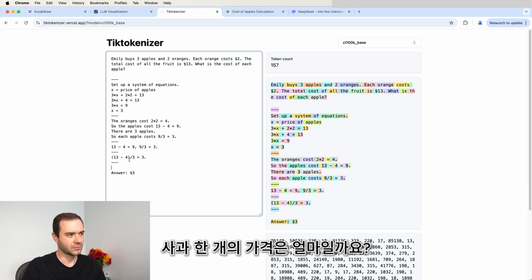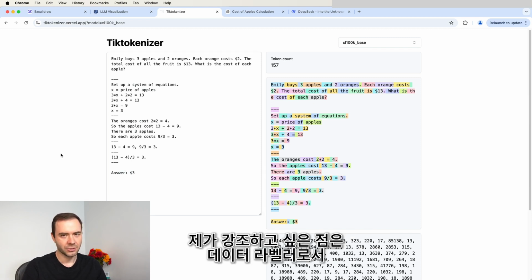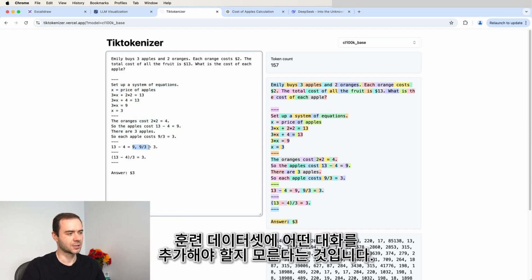What I'd like you to appreciate here are these 4 possible candidate solutions as an example, and they all reach the answer 3. If I am the human data labeler creating a conversation to be entered into the training set, I don't actually know which of these conversations to add to the data set.